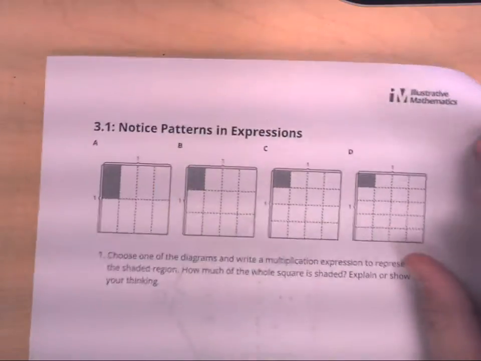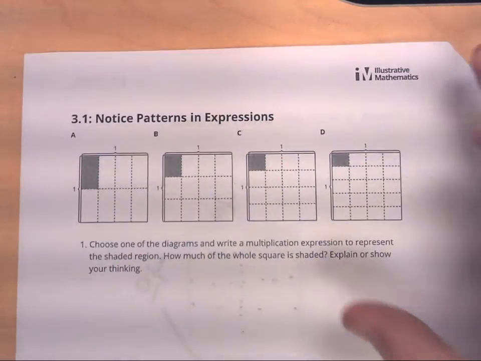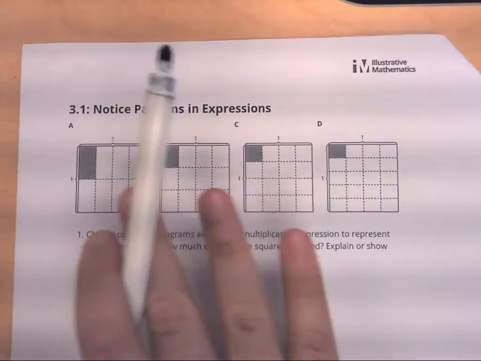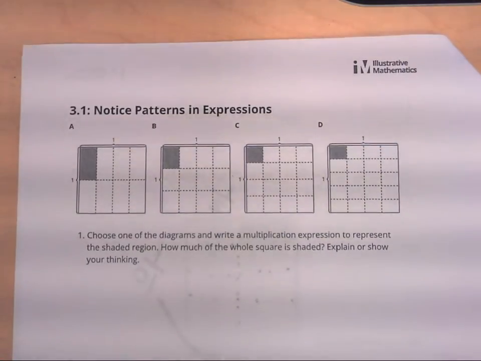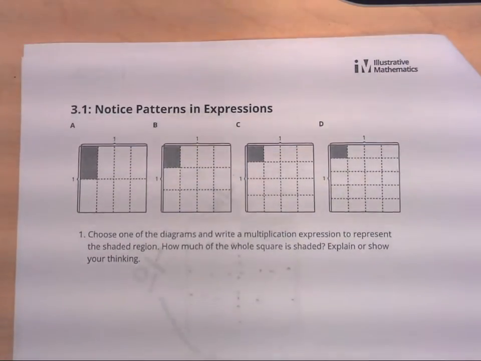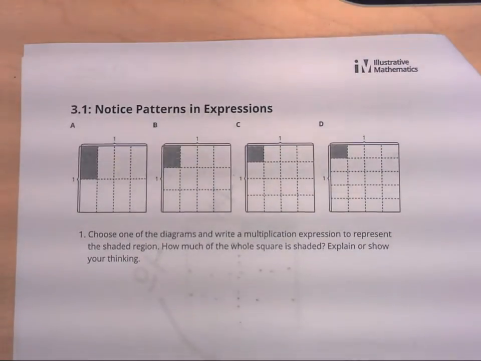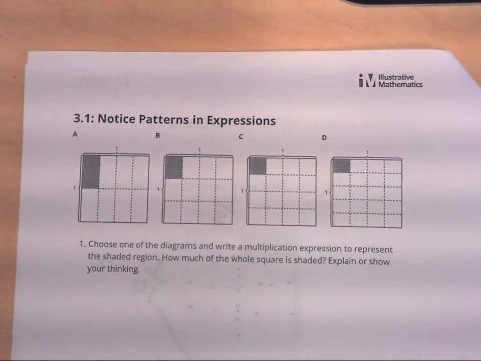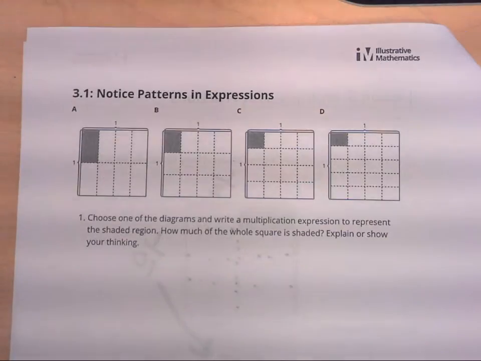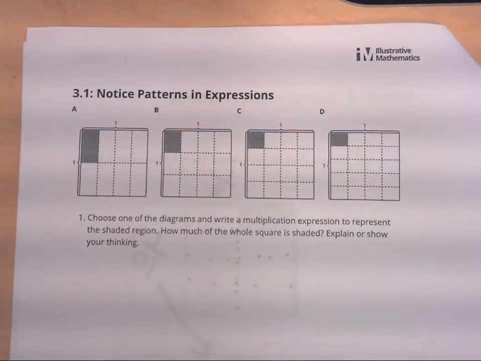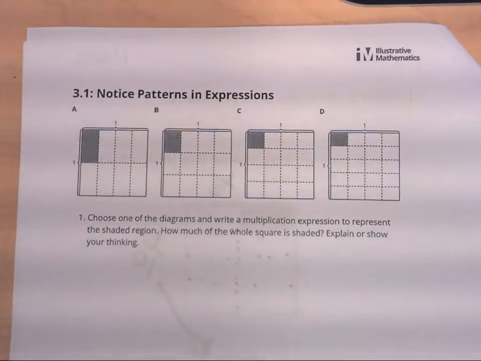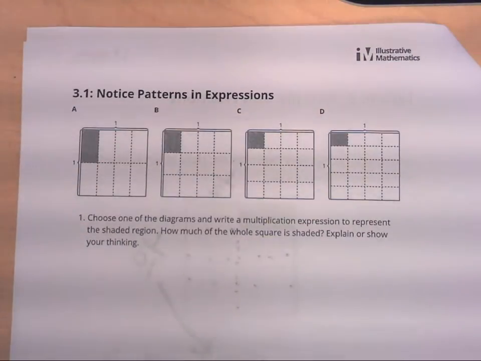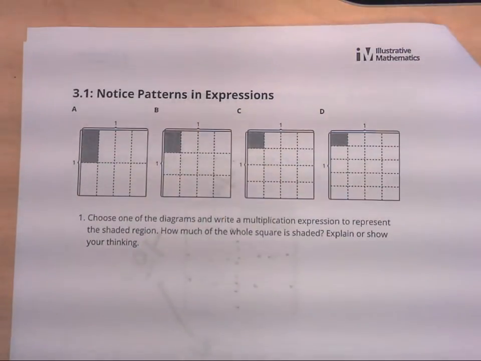Now, the next activity, students work together to write multiplication expressions for each of these diagrams. And so that was the main focus yesterday, was looking at a diagram and determining what multiplication expression would match that diagram. And so to help us understand what's going on here, we talked about the area of a rectangle.